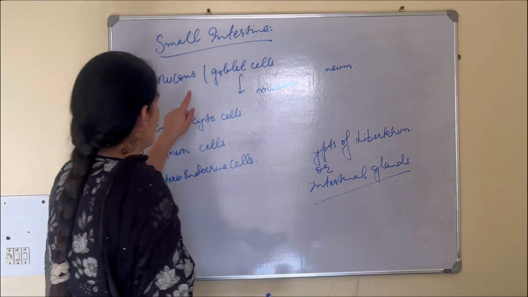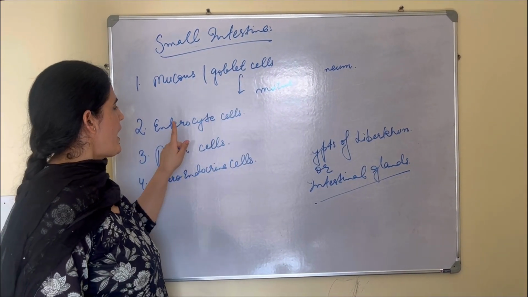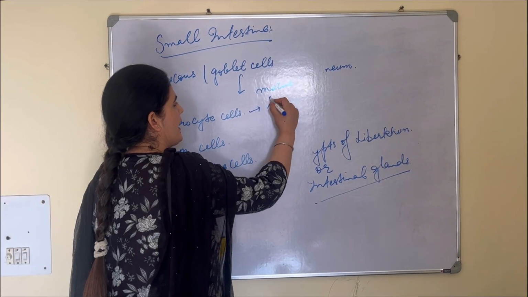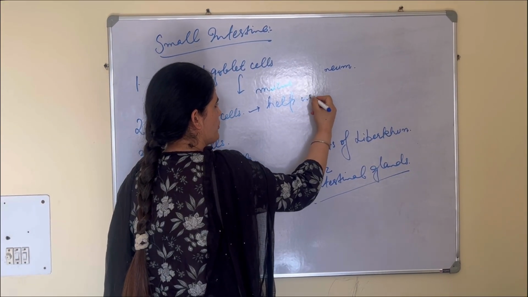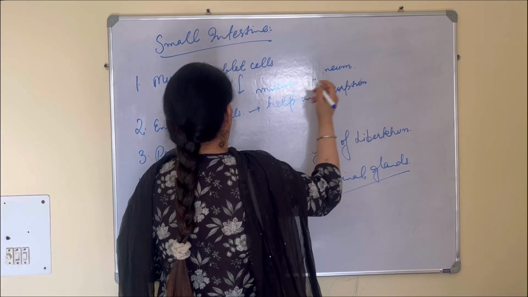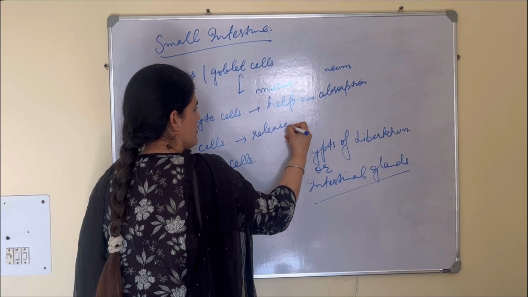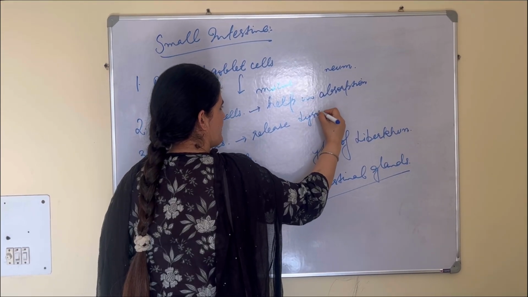Now see, mucus cells or goblet cells secrete mucus. Enterocyte cells help in absorption. Then we have Paneth cells, they release lysozyme.